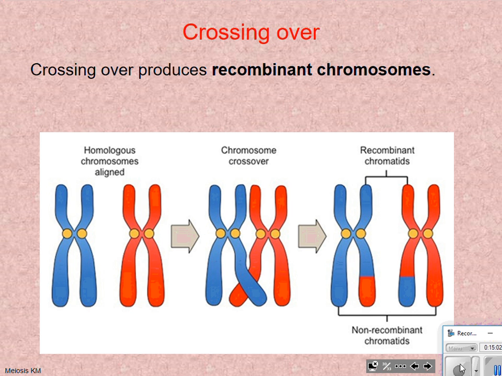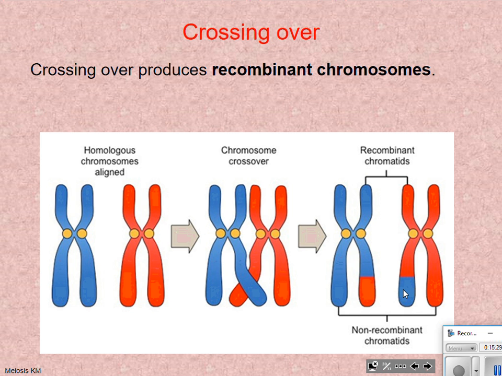All right, when we're talking about the crossing over, here are the homologous chromosomes that are aligned right beside each other. Okay, they're in proximity of each other. Can you see how they got crossed right here? And then when they get crossed, they could possibly switch the genetic information.